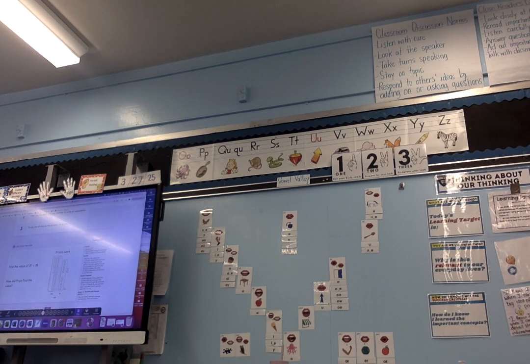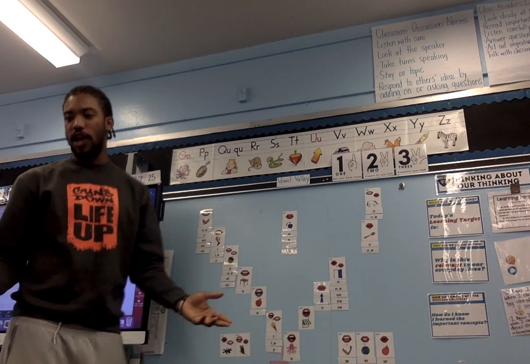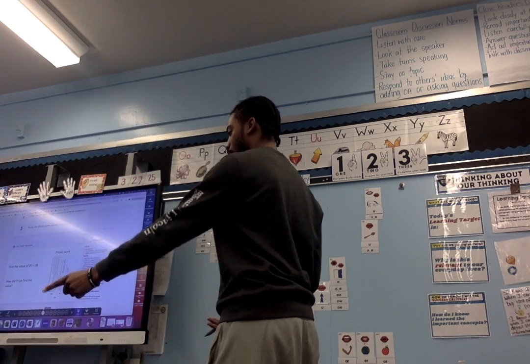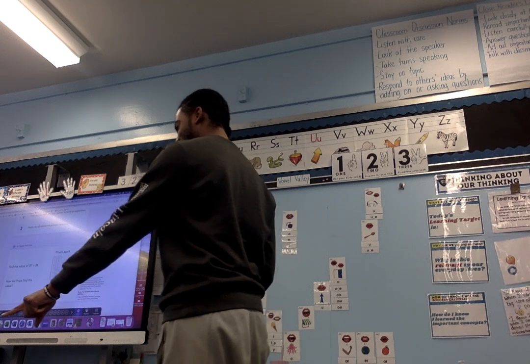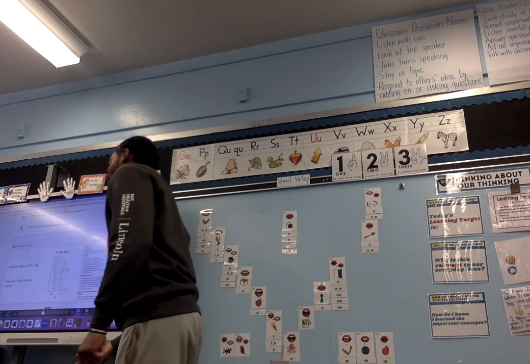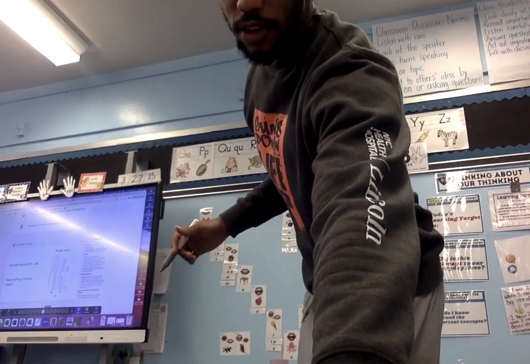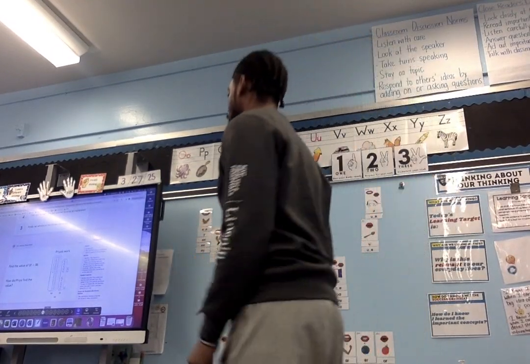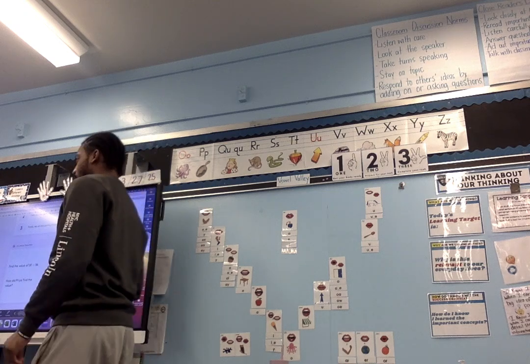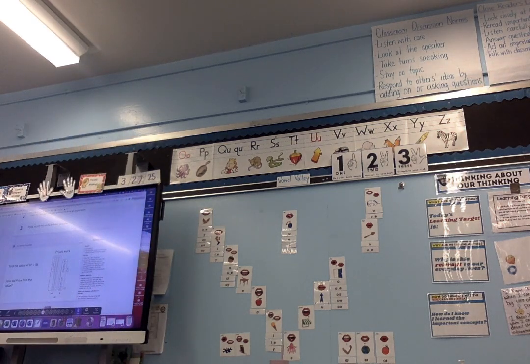What do you think Priya does next to find out how much she has altogether? Jaden. How do you think she found out how many she has altogether? Because she counted all of them together.